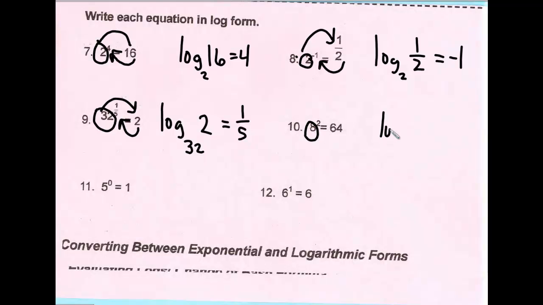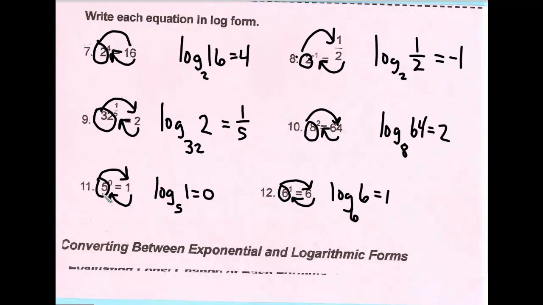Log base 8 of 64 is equal to 2. Now you try the next two. And 11, log base 5 of 1 equals 0. And 12, log base 6 of 6 equals 1.